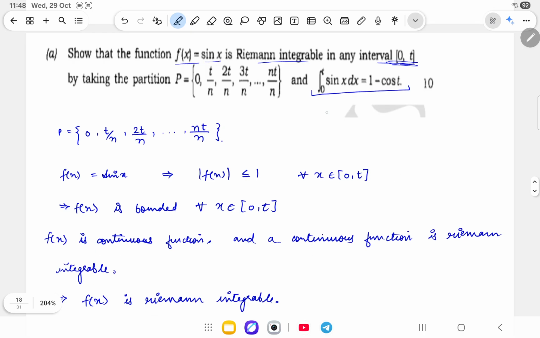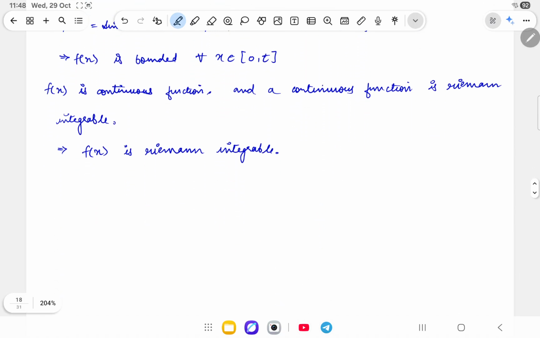The other part is we are supposed to show that this integral is equal to 1 minus cos t. Now since this is Riemann integrable, let's assume another function, g(x) = minus cos x, defined for all x in the interval [0, t].